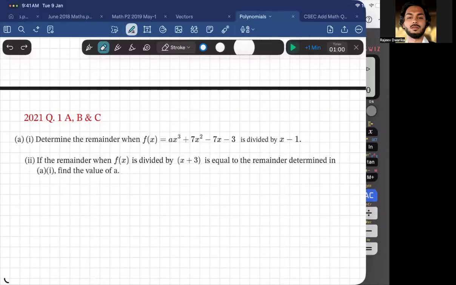Do you think that's correct or wrong? That would be wrong, because in part 2, did they say that x plus 3 was a factor of f of x? No, they didn't say that. So be careful.